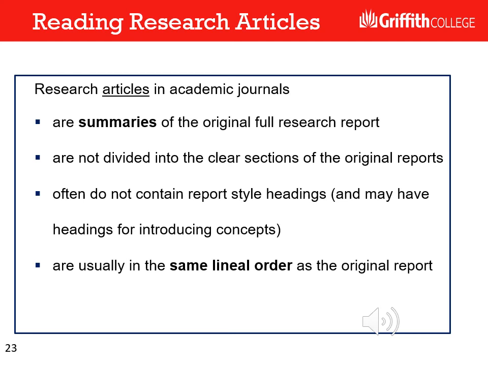The research report could be 400, 500 pages, whereas the article really could only be maybe 4 to 12 pages in a journal. So the research article in an academic journal is a summary of the original full research report. You won't have the clear sections with the numbered headings.